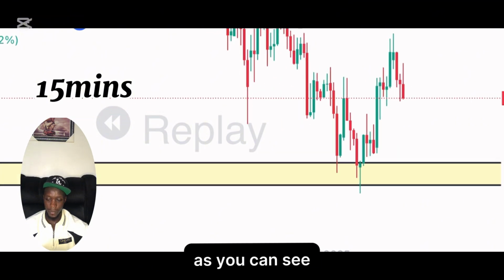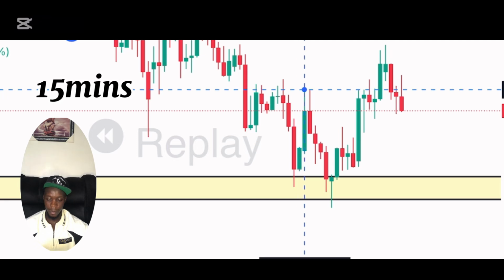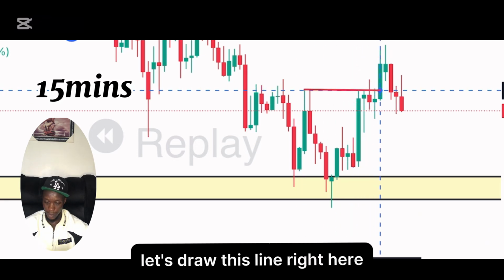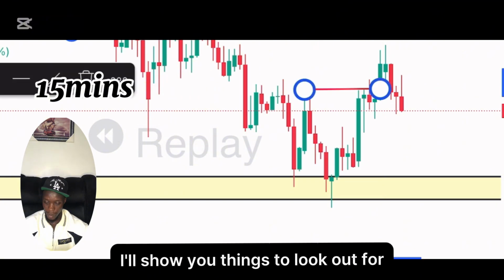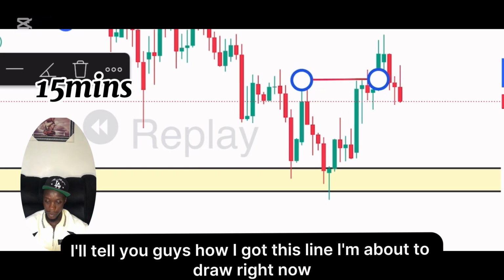As you can see right here, very simple, very simple. Let's draw this line right here. I'll show you things to look out for. I'll tell you guys how I got this line I'm about to draw right now.